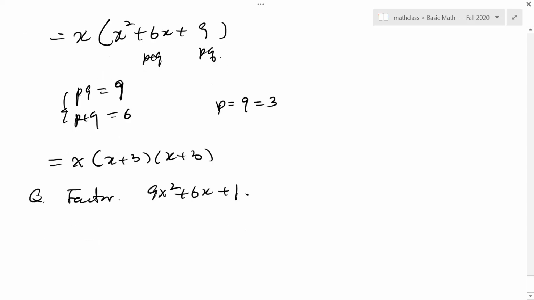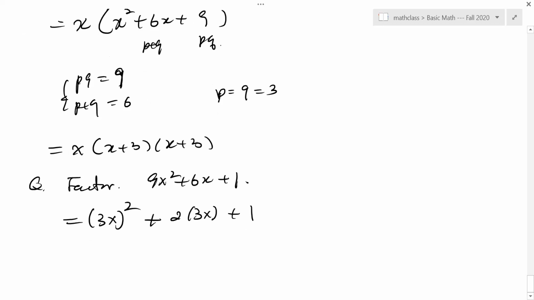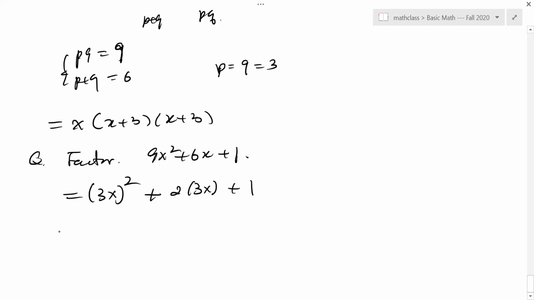This can be written as (3x) squared, and the 6x is 2 times 3x, plus 1. So something squared plus 2 times something plus 1 is going to be (3x plus 1) squared.